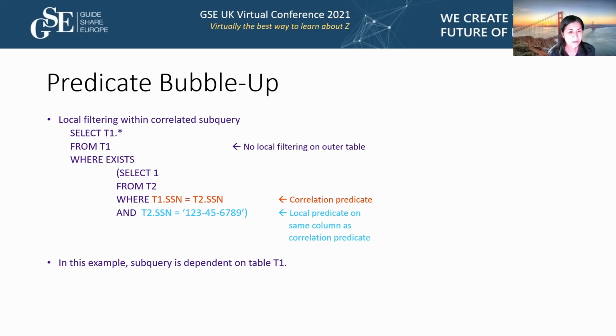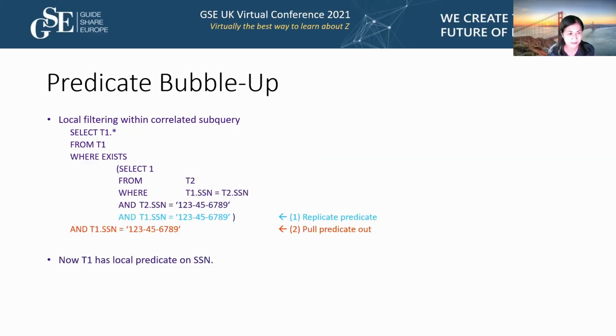In this example, we have an EXISTS subquery predicate, and there is no local filtering on the outer table, which is T1. We have a correlated predicate, and we have the local predicate on table T2.SSN.